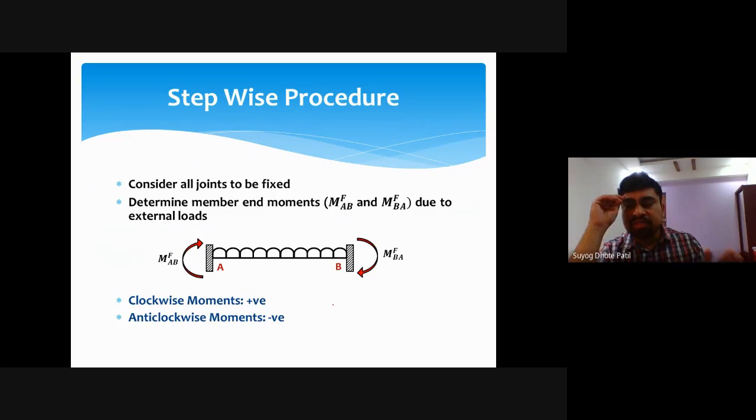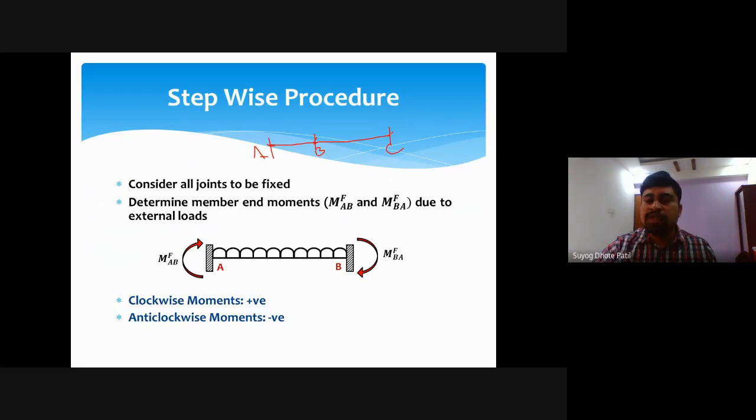If I consider these two members, A, B, and C, then member AB is fixed at A and fixed at B. Again, member BC is fixed at B and fixed at C.